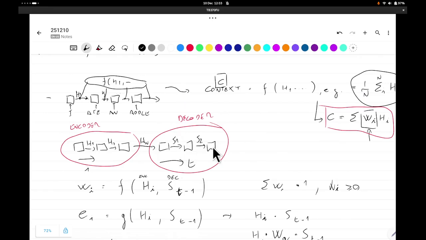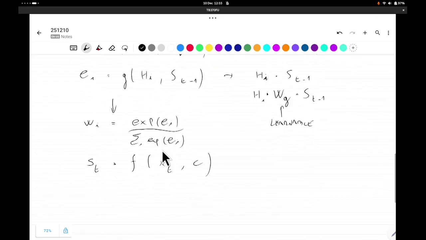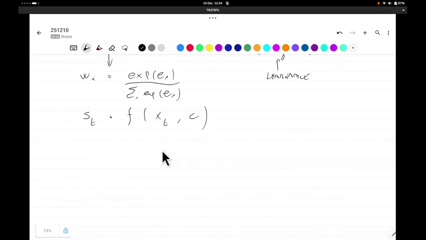Just keep in mind that at each step you would also have an output, right? So the output depends on the state at that particular point in the sequence, so time step, and the output and the input coming from that.